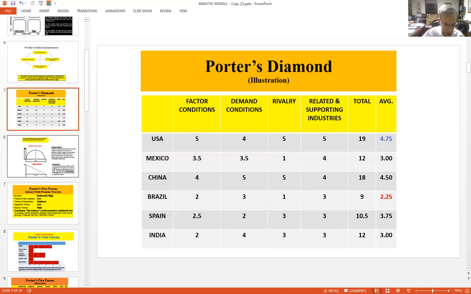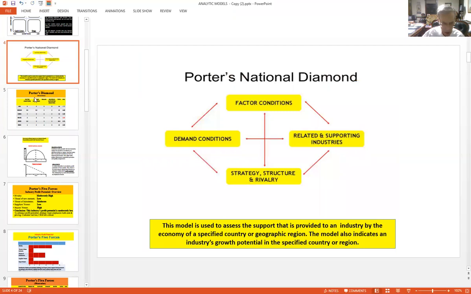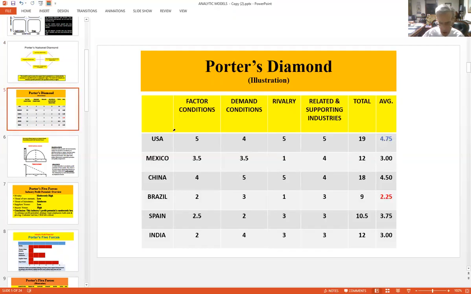Okay, now rivalry, which we just talked about up here, and we've recorded a grade for it here, right? But that grade was done differently than the way we graded rivalry in a 5 forces analysis, which some of you have done with me already.